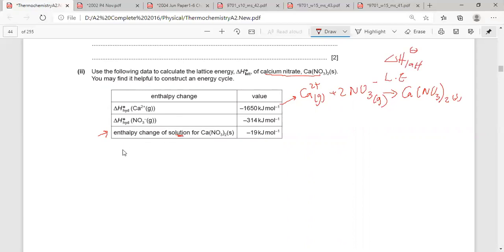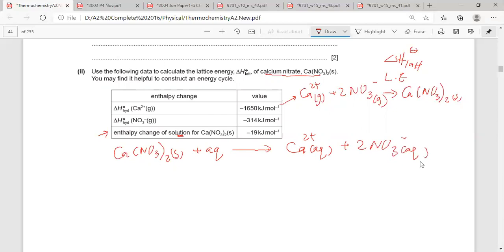We start with heat of solution: calcium nitrate solid forms, at infinite dilution, Ca2 plus aqueous plus 2 moles of NO3 minus aqueous. So this is our delta H of solution, given here as minus 19.